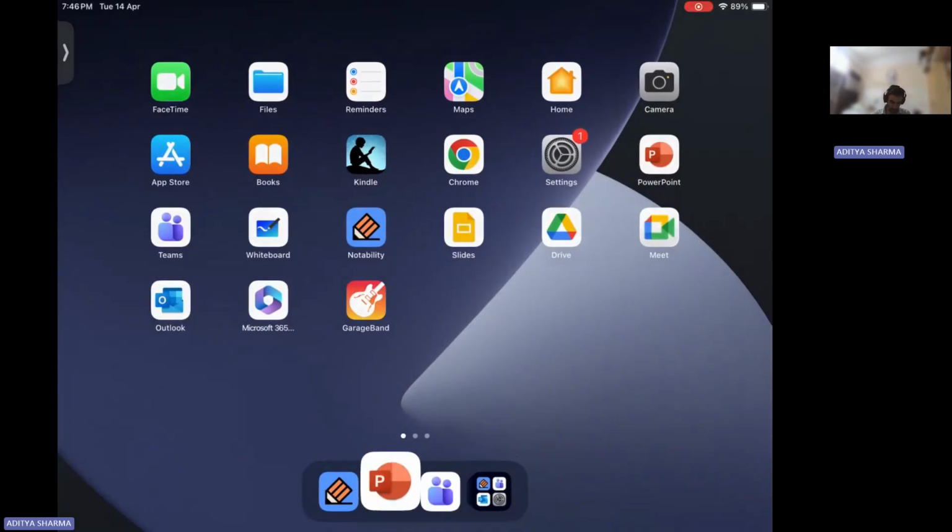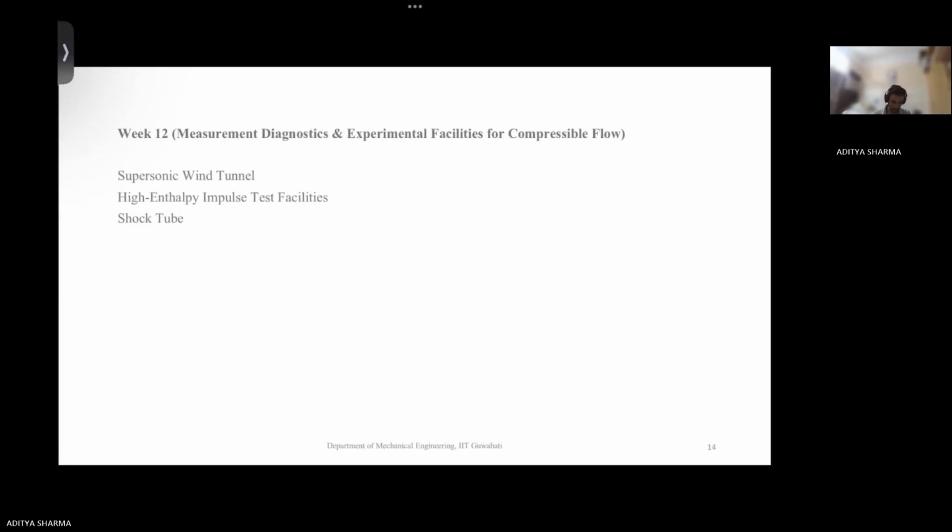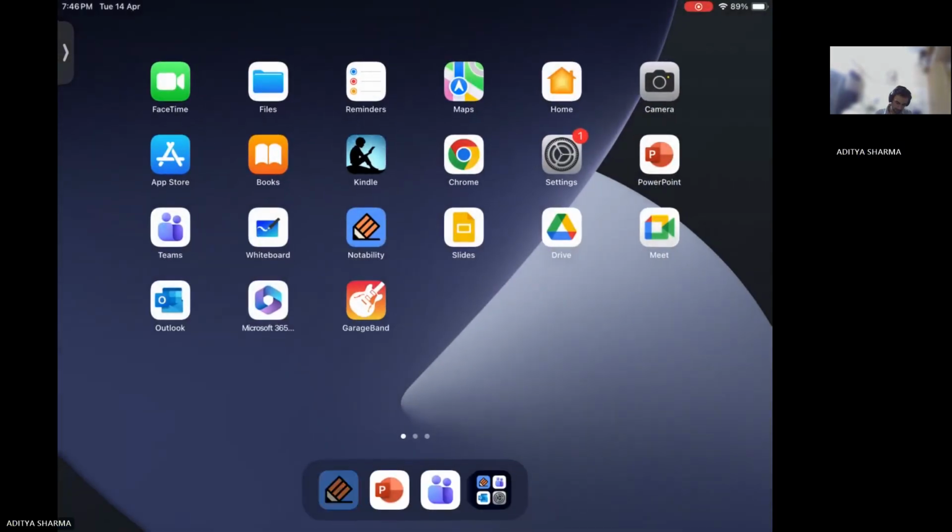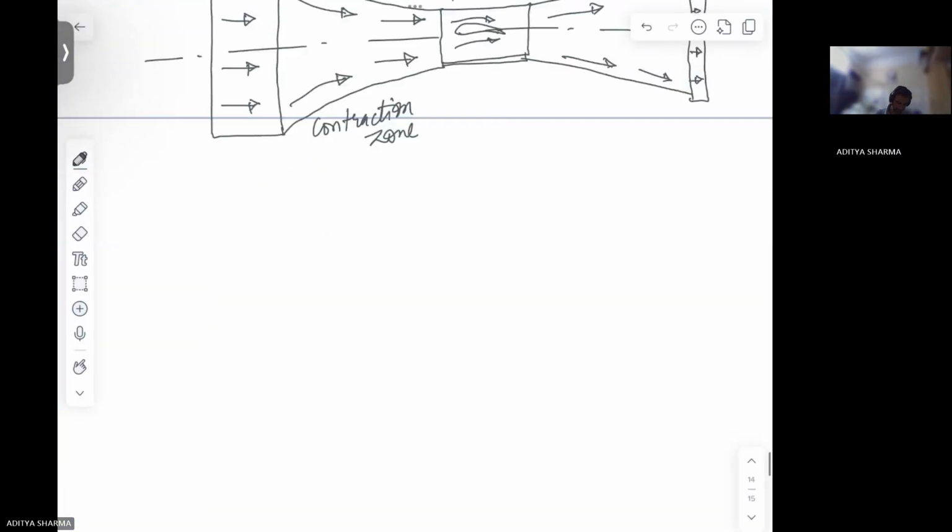Then in week 12, we saw the supersonic wind tunnel, so this I have discussed. Then high enthalpy impulse test facilities and shock tunnels. In high enthalpy impulse test facilities, there are two important facilities.